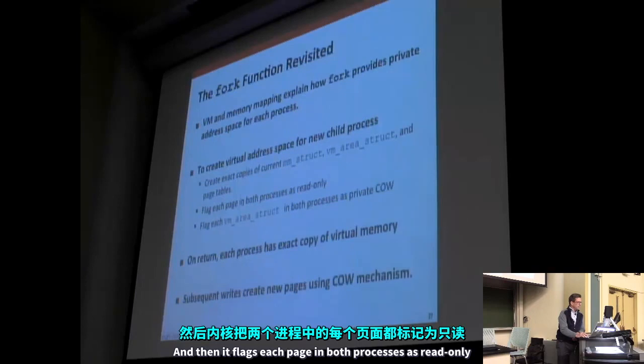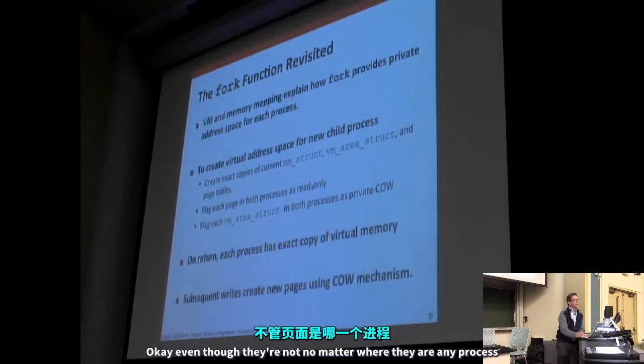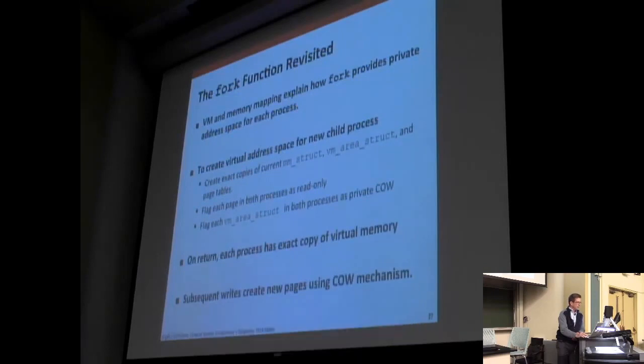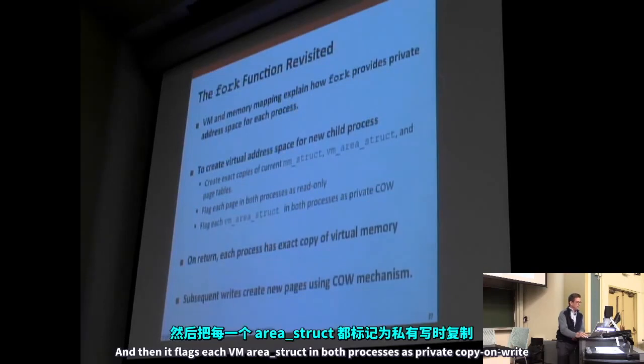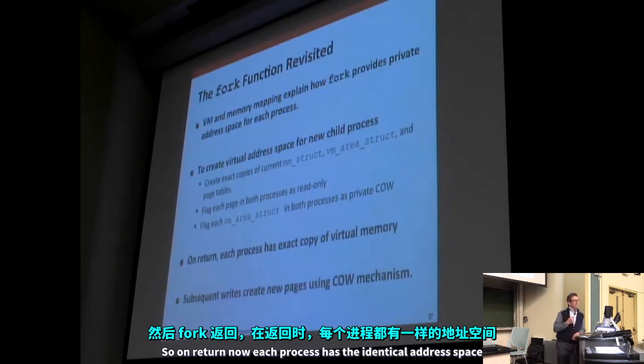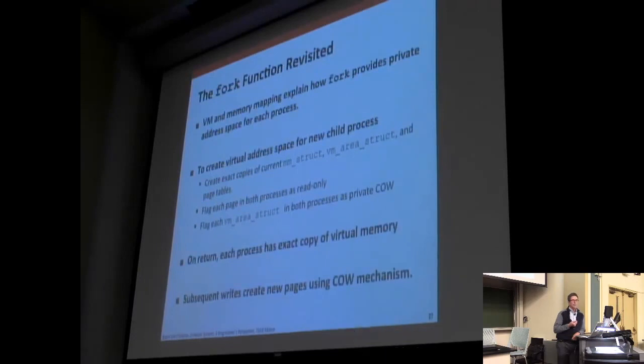Then it flags each page in both processes as read-only, no matter where they are, and it flags each VM area struct in both processes as private copy on write. So on return, each process has the identical address space because it has identical page tables.